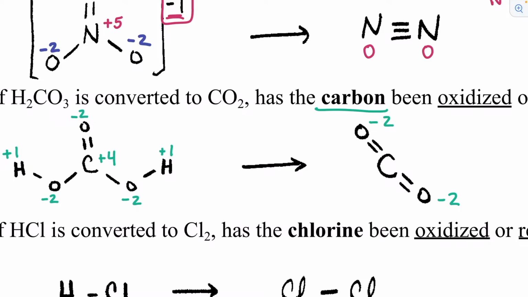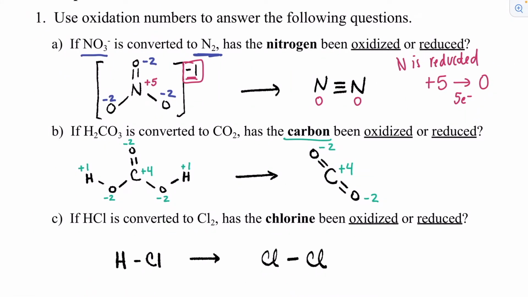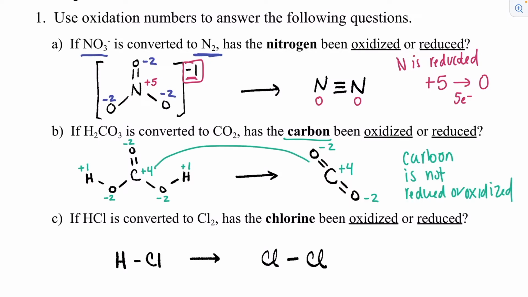CO2 is also a neutral molecule, so carbon must be +4. The carbon in this situation is neither reduced nor oxidized. Neither for this one. +4 to +4, there is no change in oxidation number.